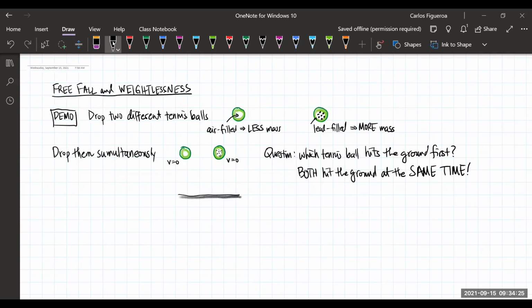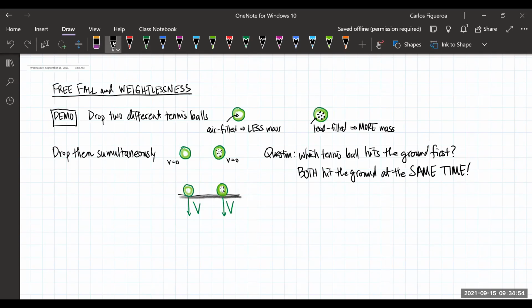So what you're seeing here is that when I look at this tennis ball versus this other tennis ball, right before they hit the ground, they have the same speed. Both tennis balls hit the ground with the same speed.